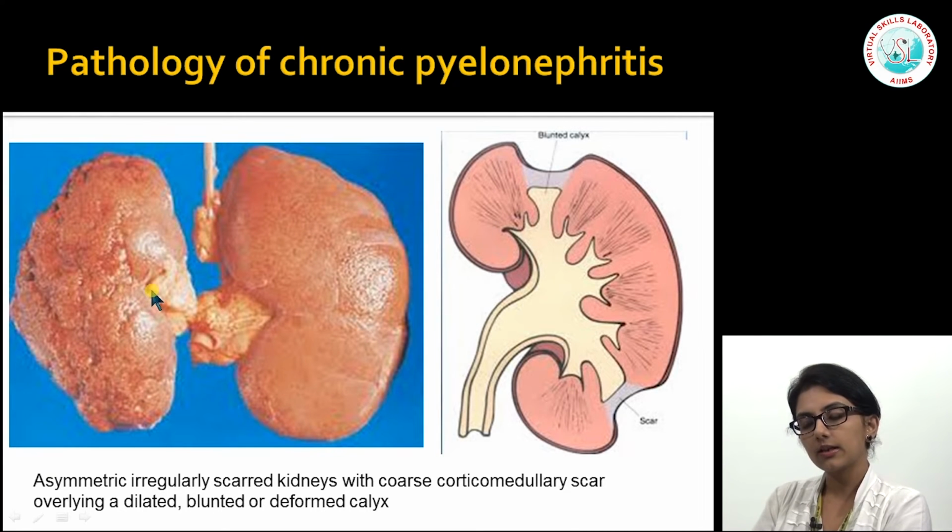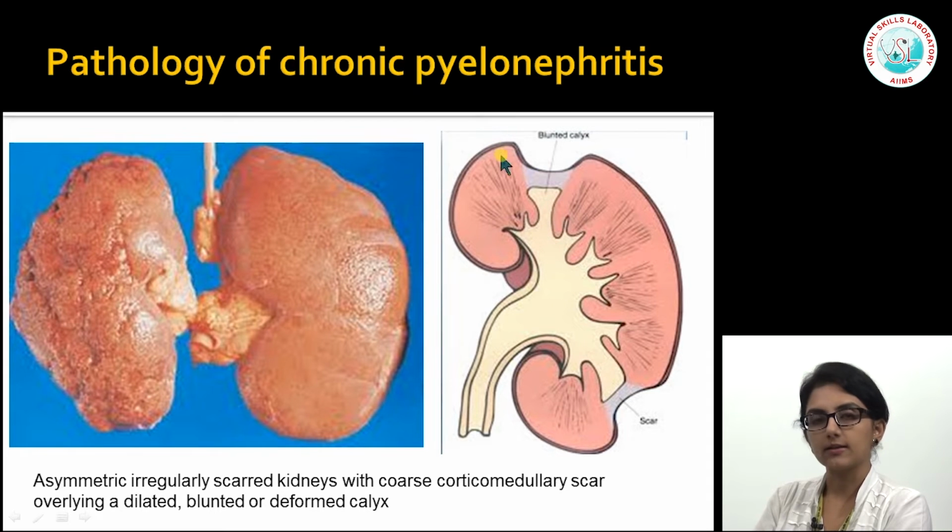This is really to differentiate from a chronic glomerulonephritis, where we have bilateral, symmetrically scarred kidneys, and they tend to be much more fine, the scars. The classical appearance of a scar of chronic pyelonephritis can be seen on the cut surface of the kidney, where you expect a coarse corticomedullary scar.